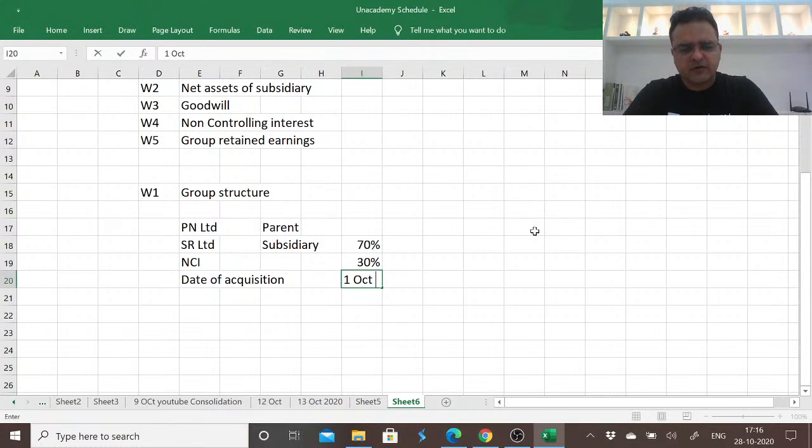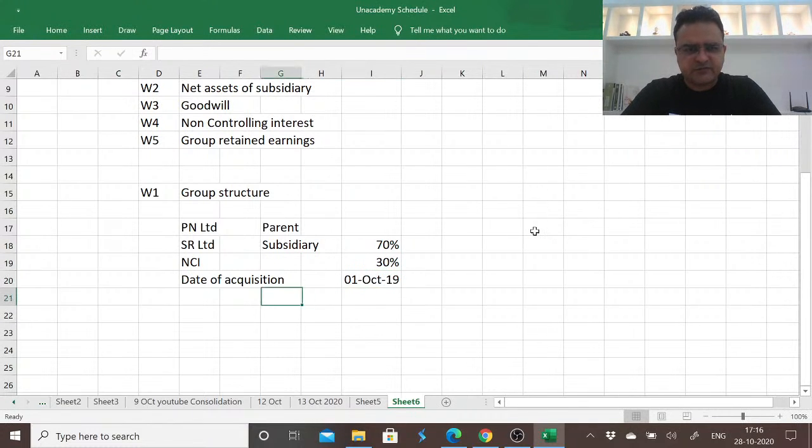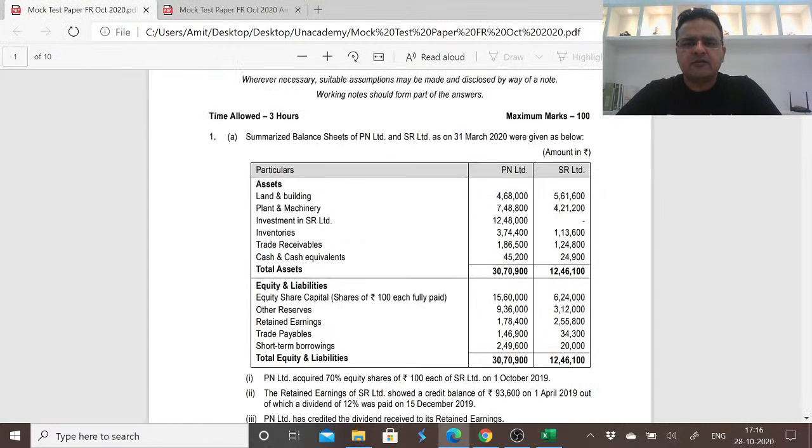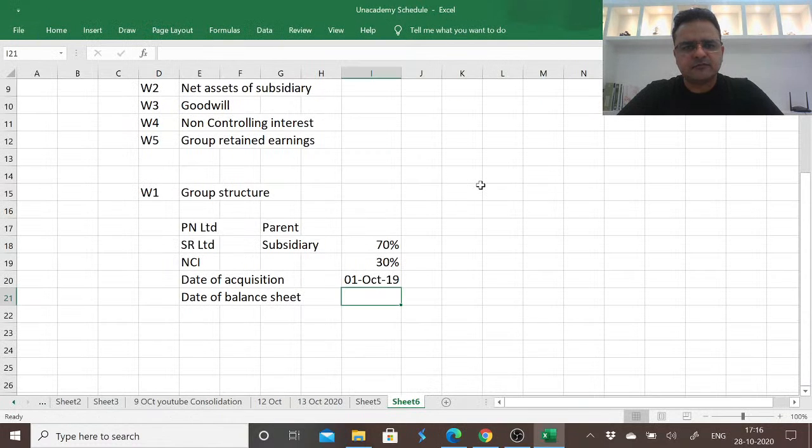Date of balance sheet: we need to prepare the balance sheet of 31st March 2020. 31st March 2020 is the date of balance sheet.